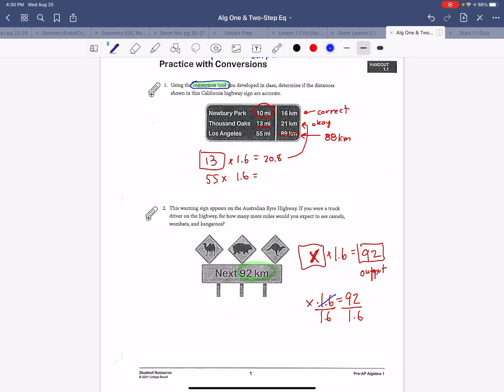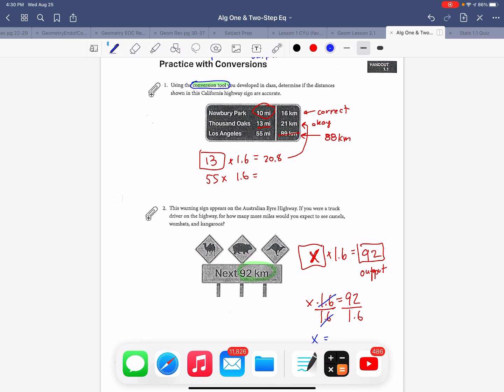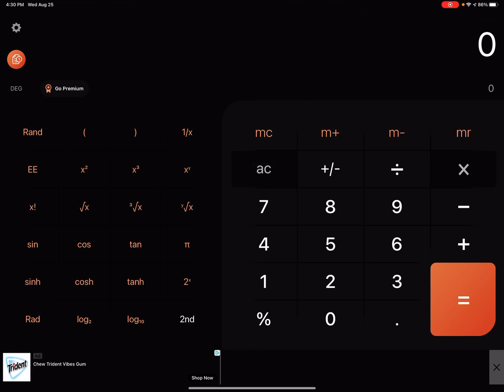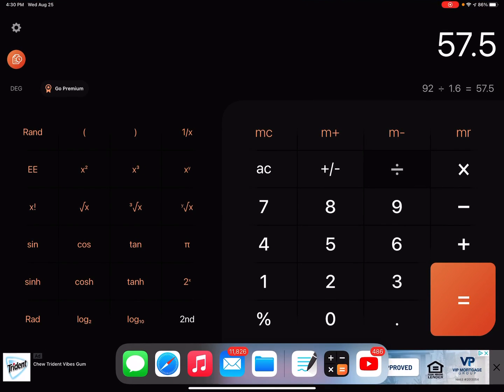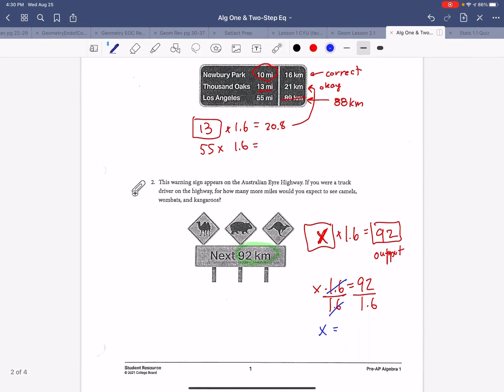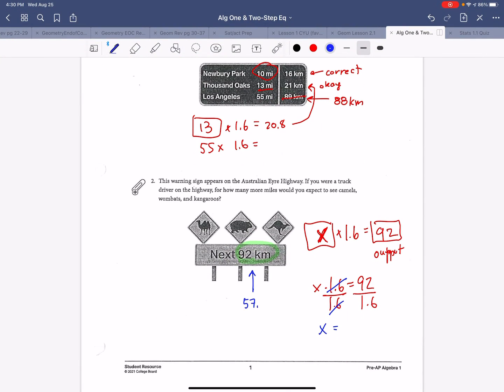This would cancel, and I would get x is equal to 92 divided by 1.6, which is 57.5. So this sign is the same as 57.5 miles. If I wondered how many more miles it was to go, that's my answer.